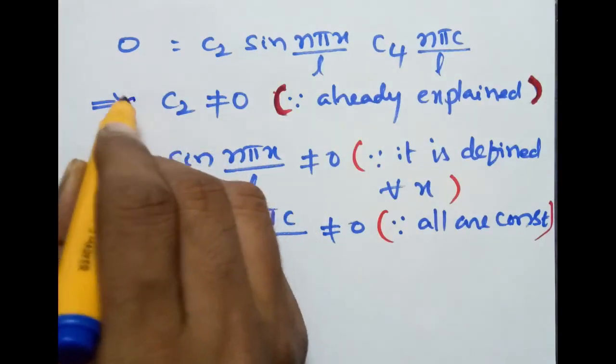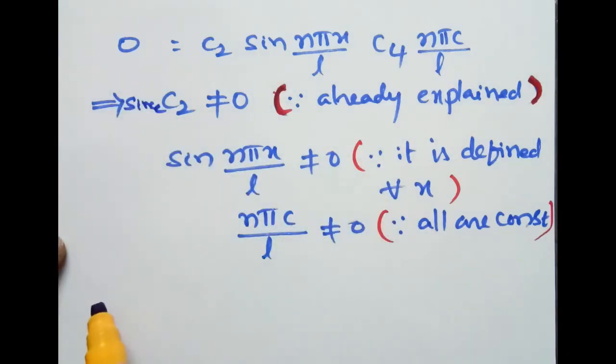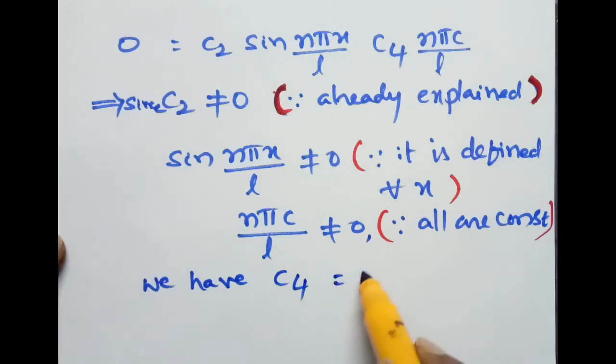Therefore, since these are all not equal to 0, we have c4 equal to 0.